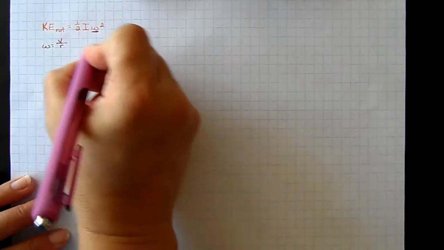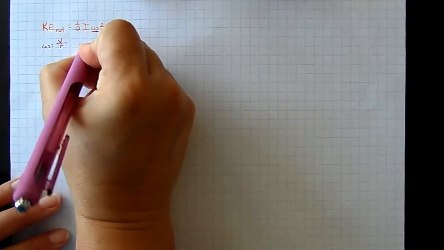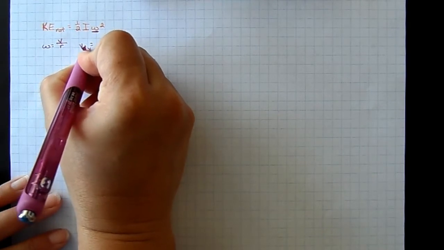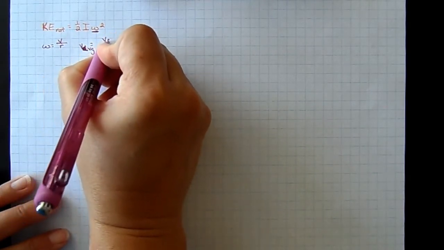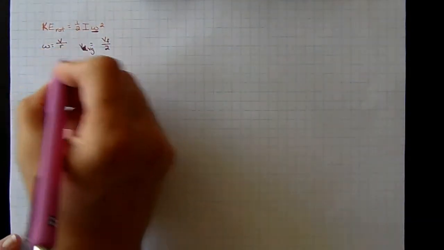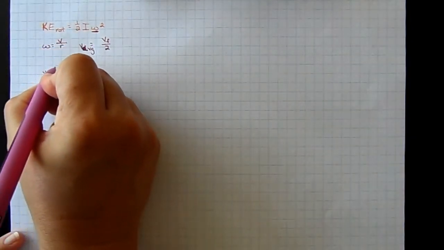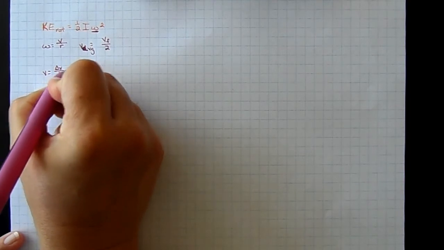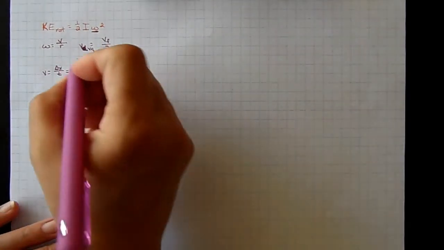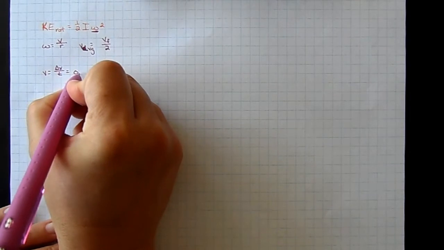So to find the average velocity, we have to take our final velocity and divide it by 2. Okay, so velocity, remember, is delta x over t. And so that is going to be the distance of our ramp.